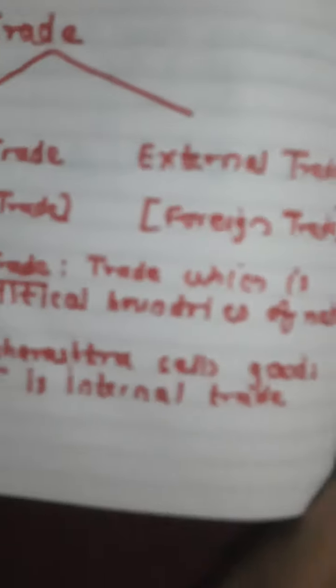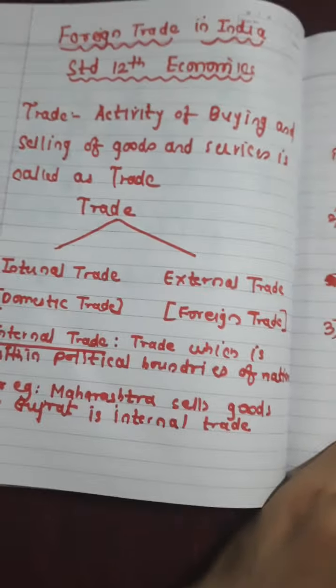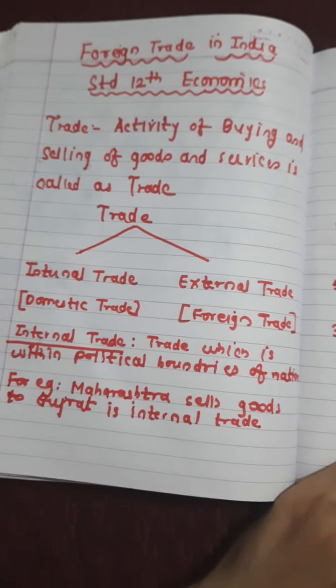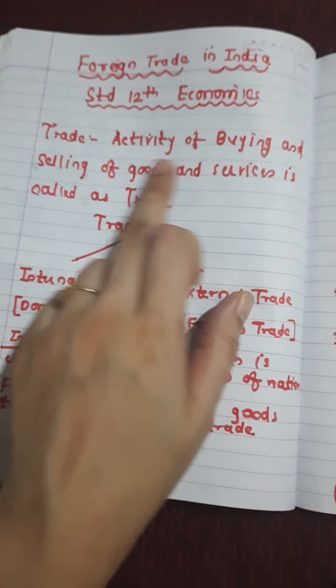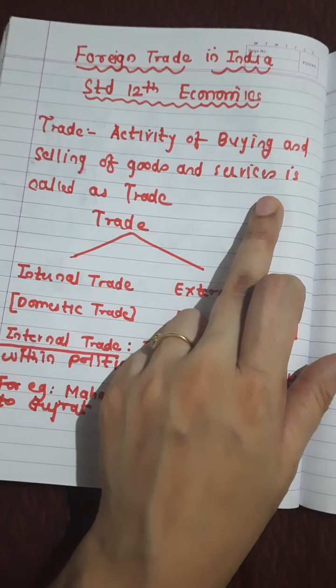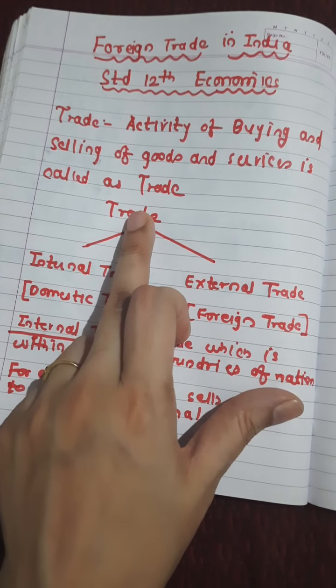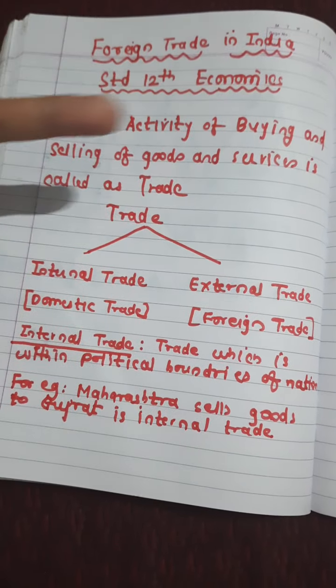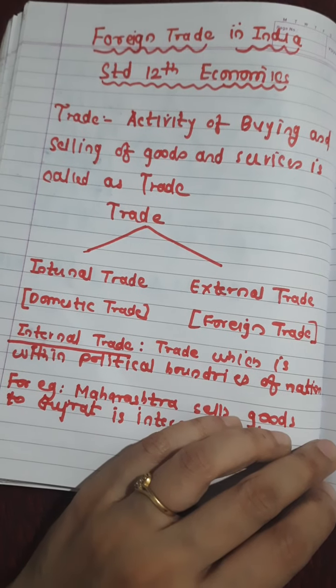Want to read? You can take a screenshot of it. Okay. Foreign trade in India. Trade, the activity of buying and selling of goods and services, is called trade. So what is important here? Buying and selling, both are important.